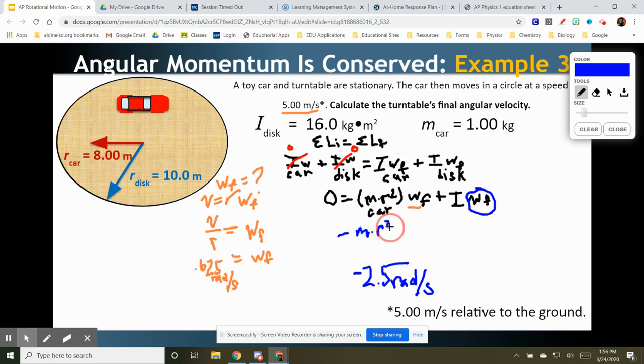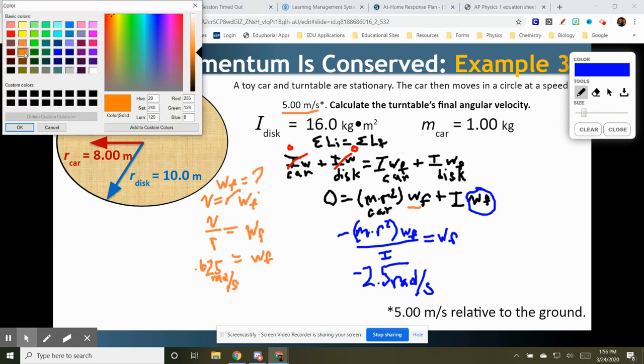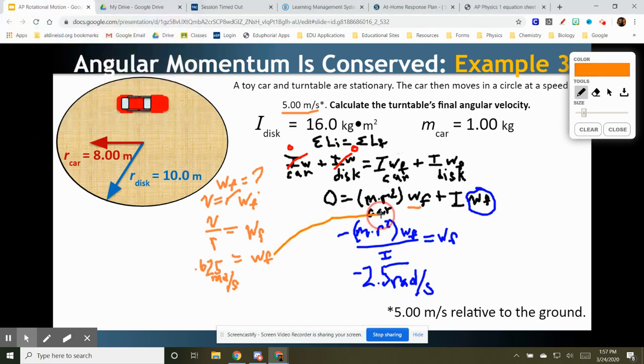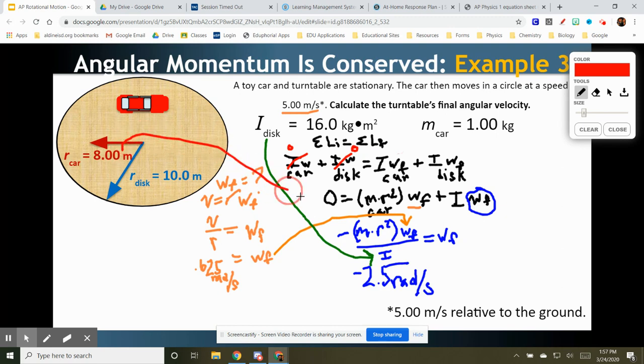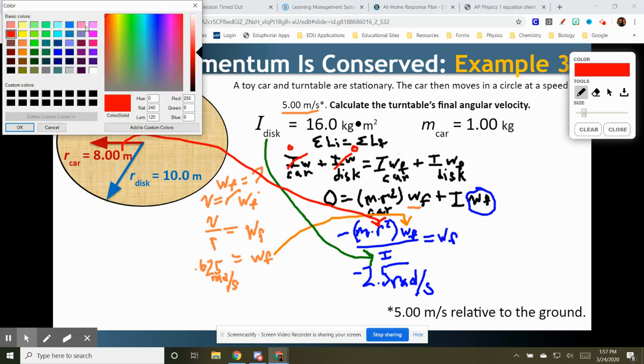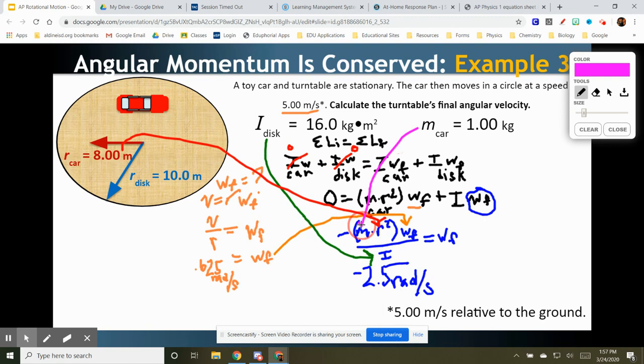Okay, and that's where the negative is coming from. I'm just making sure everyone sees where the variables are coming from.